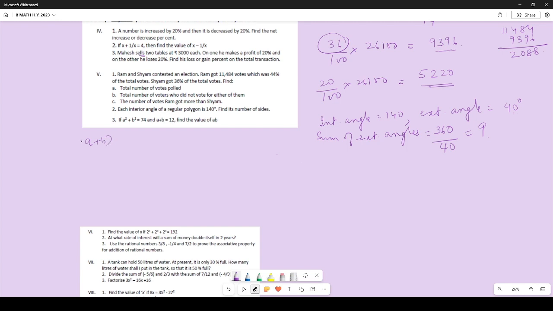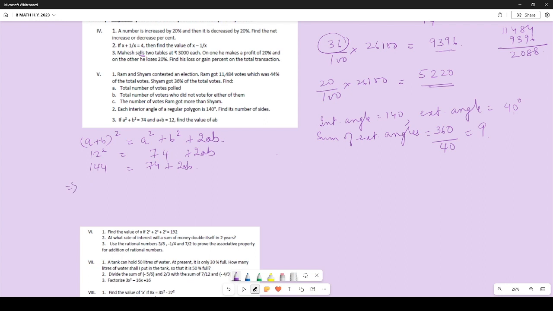Now a plus b whole square is equal to a square plus b square plus 2ab, right? So a plus b is what? 12. A square plus b square is what? 74, plus 2ab. So 12 square is what? 144. 144 equals 74 plus 2ab.